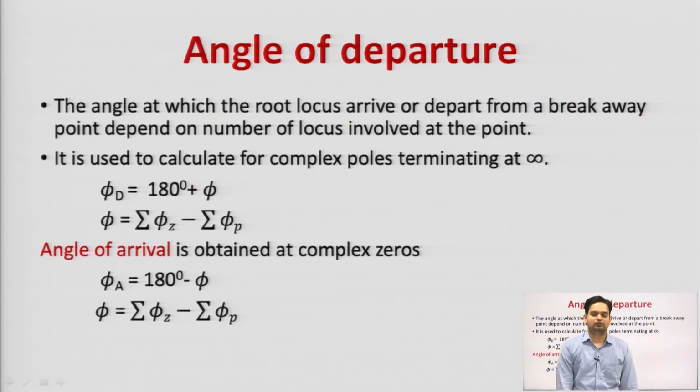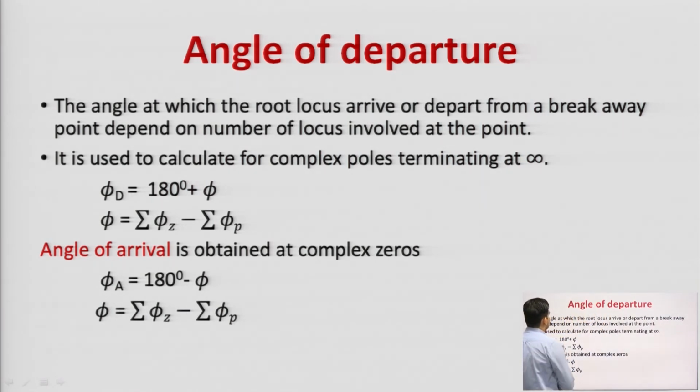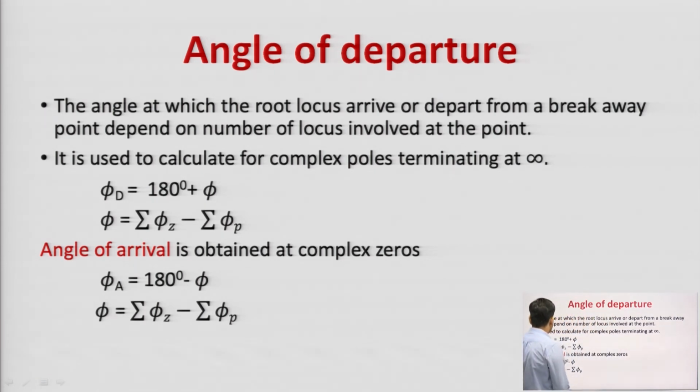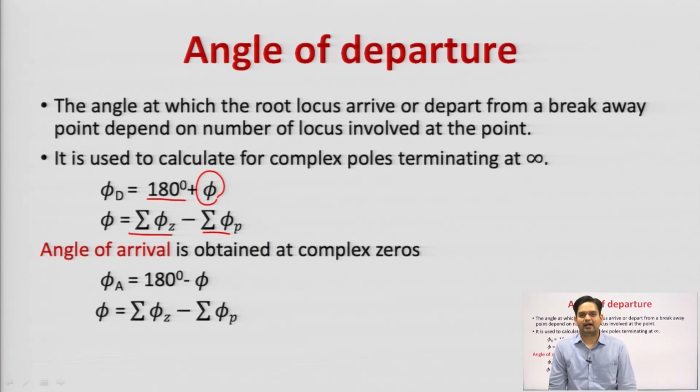Now, we would like to see the concept of angle of departure. This is the angle which tells us, if complex poles are present in our system, how they will depart to infinity. For that purpose, the angle of departure is given by 180 plus phi, and this phi is given as summation of phi z minus summation of phi p, where phi z is the angle contribution by zeros and phi p is the summation of all the angle contributions by the poles.